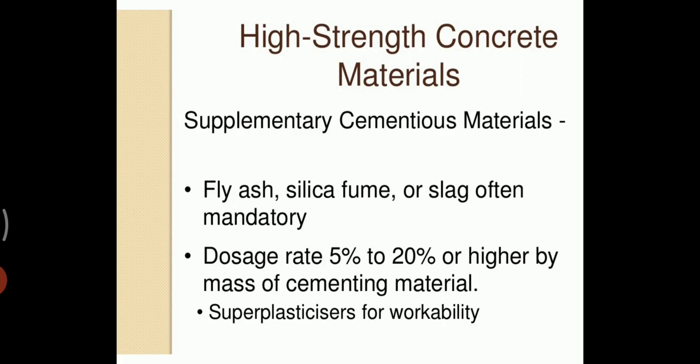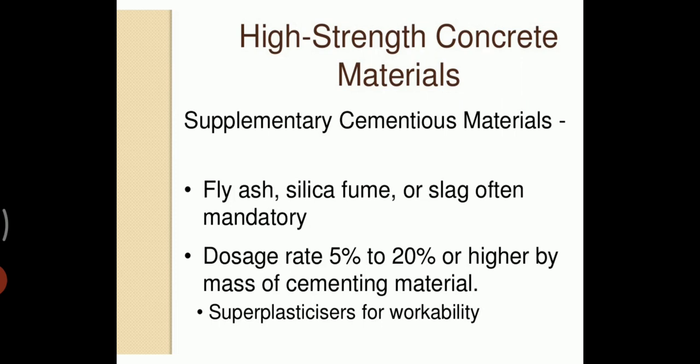Then supplementary cementitious material. In order to produce the high strength concrete, the normal concrete materials are not enough. So for that we also need some supplementary cementitious material such as fly ash, silica fume or slag, often mandatory. These are added at the rate of 5% to 20% or higher by mass of cementing material.